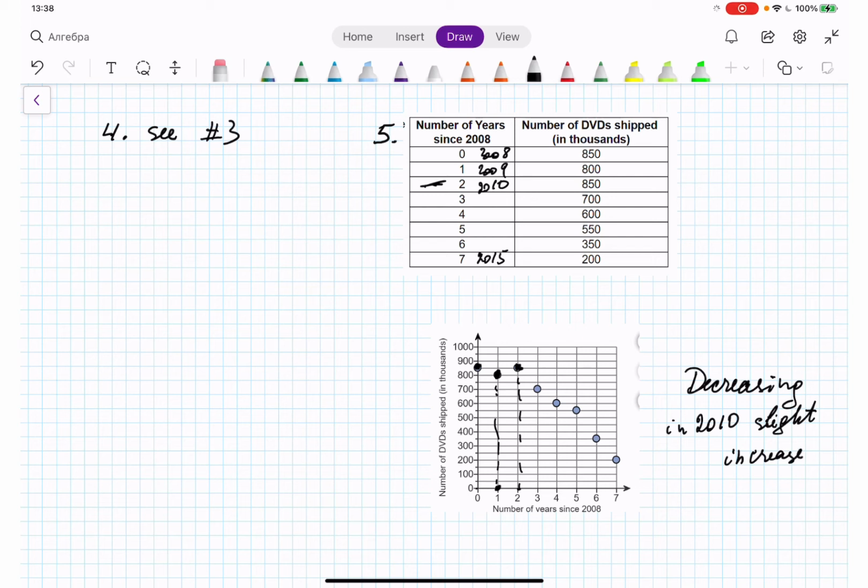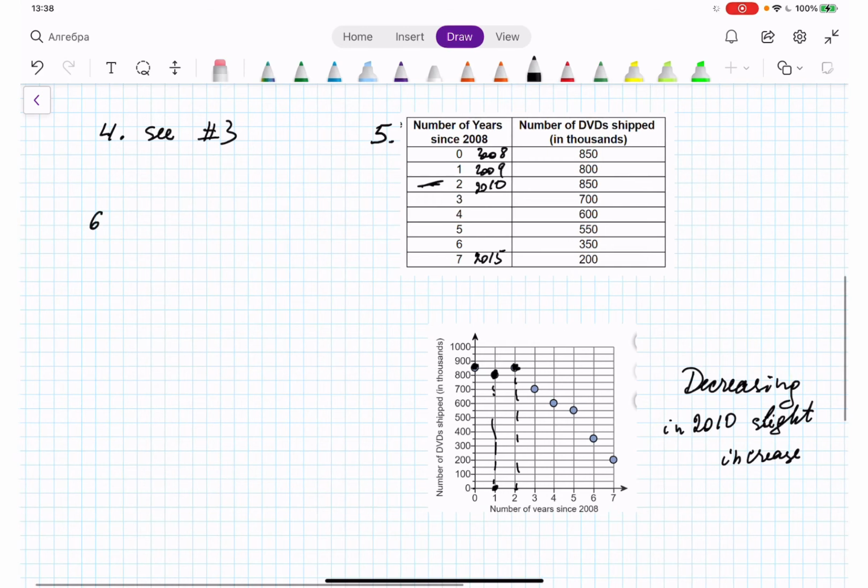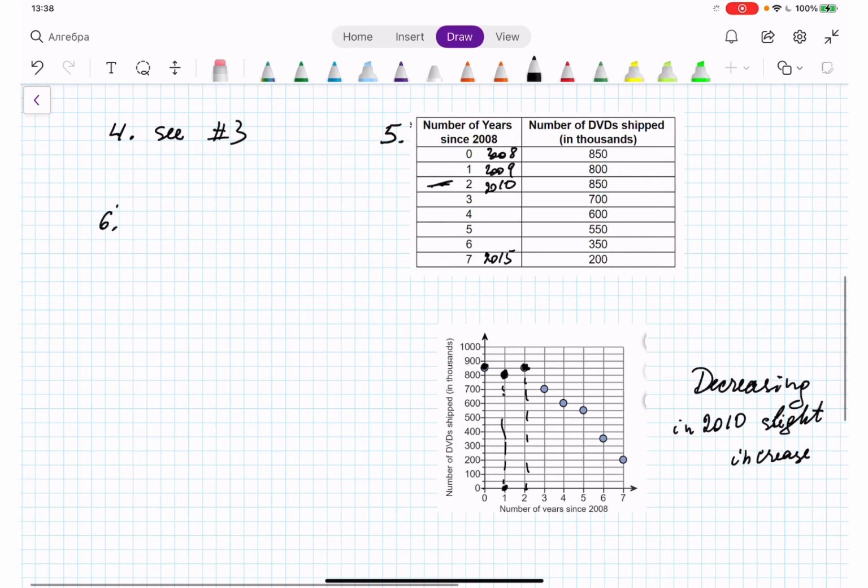Okay. Question number 6. What do we have? Decide if ordered pair 4 and 0 is a solution for equation 5x plus y is equal 8. How are we going to decide?